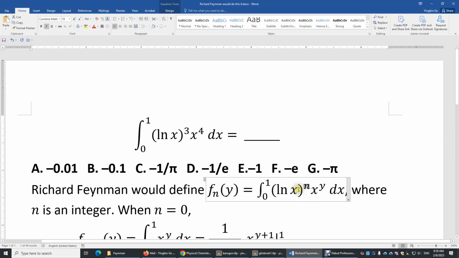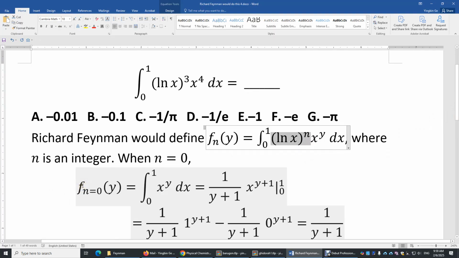When n is 0, ln(x) to the power of 0 is simply 1. So this f sub n equals 0 as a function of y is simply the integral of x to the power of y dx.